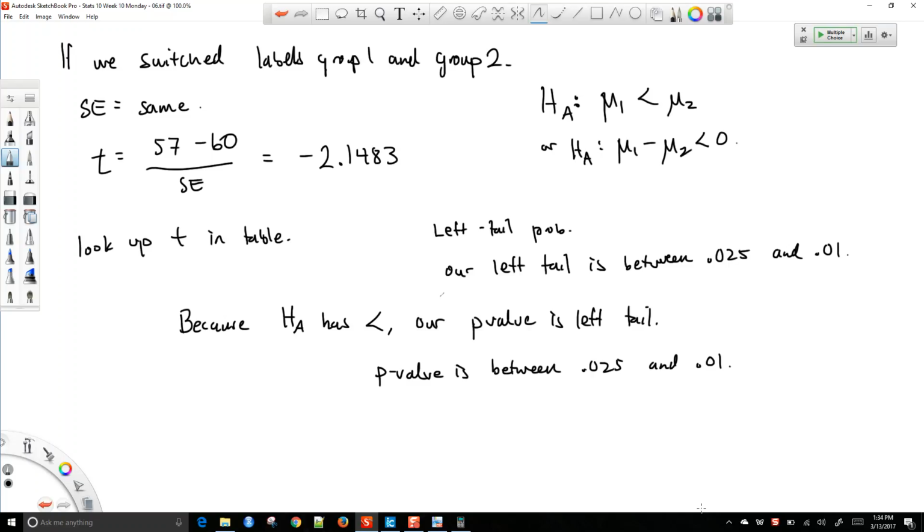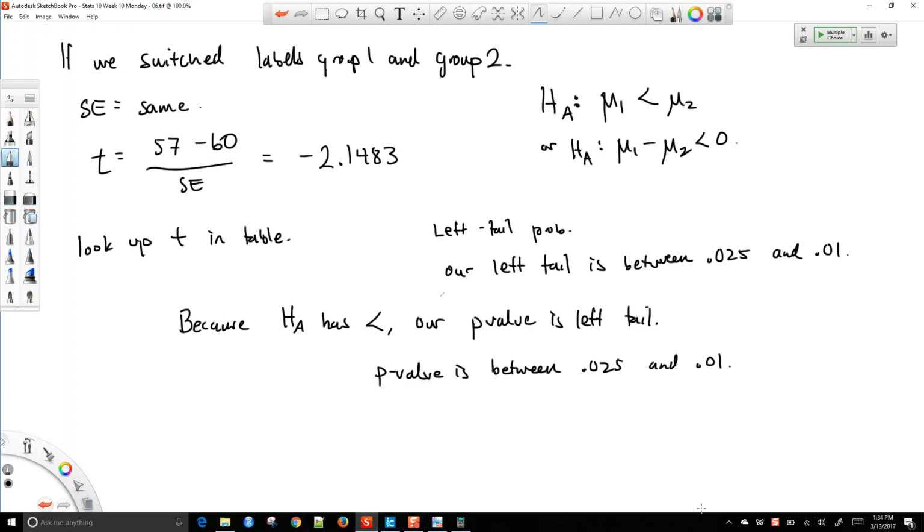Switching will also change your test statistic to a negative value, and thus when you look that up, you're looking at the left tail and your p-value ends up being the same. All right, is that okay? I don't want to confuse anybody here. Was that explanation okay, or do I need to go further?